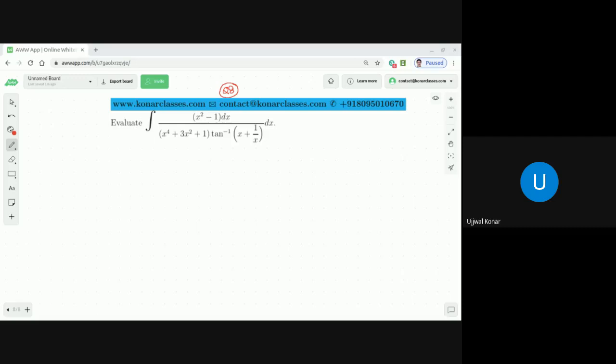You see x square minus 1, that is the algebraic expression. And in the denominator x power 4 plus 3x square plus 1, that is also an algebraic expression. So your target should be, whatever the inverse trigonometric function expression is given, that is x plus 1 by x, how you can express those algebraic expressions in terms of x plus 1 by x.